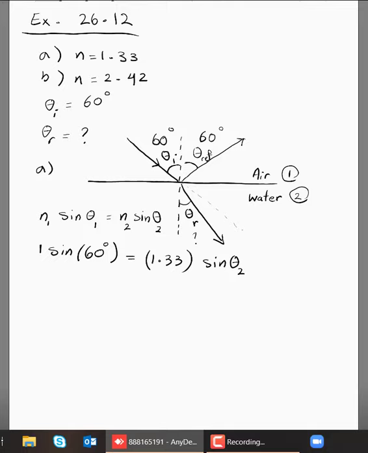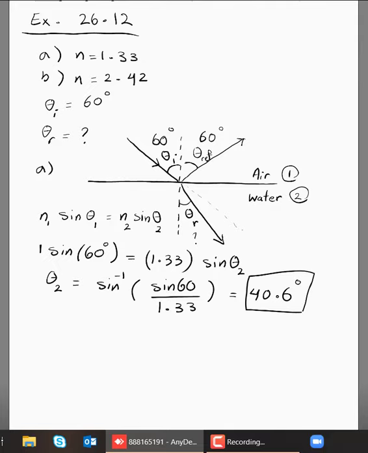That is easy. I want to find theta 2. So theta 2 is sine inverse of sine 60 divided by 1.33. If we calculate this, theta 2 will be 40.6 degrees. You see that it is less than 60 degrees, so indeed it gets closer to the normal. That was part A.